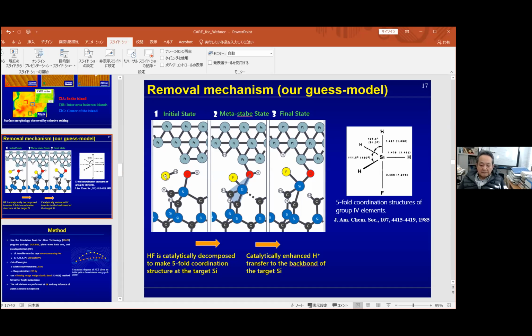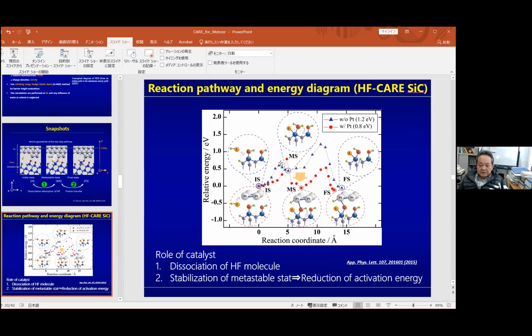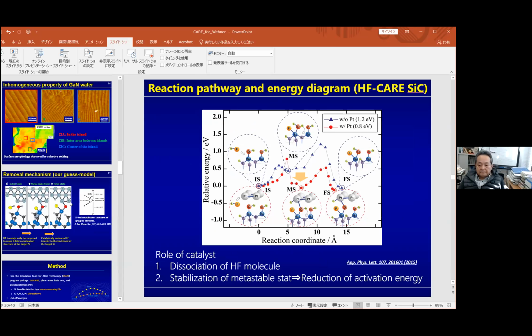So this HF can be dissociated with the assistance of the interaction between these atoms and these atoms. Then the dissociation energy is reduced from a very large energy to just 4.7. So from here to here is the barrier height to dissociate the HF molecule. And after that, F can easily adsorb here because of the strong interaction.